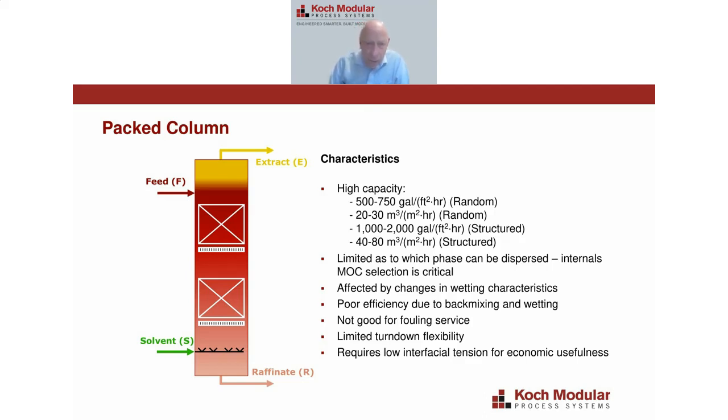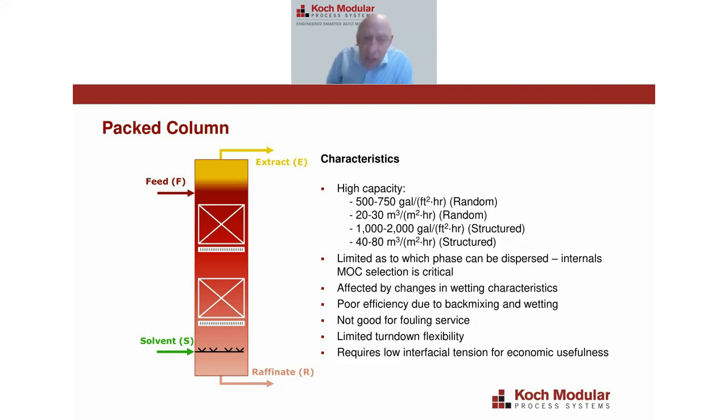And sometimes a packed column can be affected by changes in wetting characteristics, which I've seen happen a couple of times, where you start up a column and it runs fine for a while, and then it starts to lose efficiency.